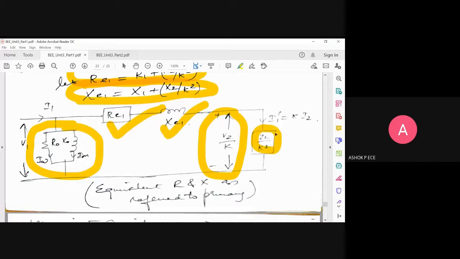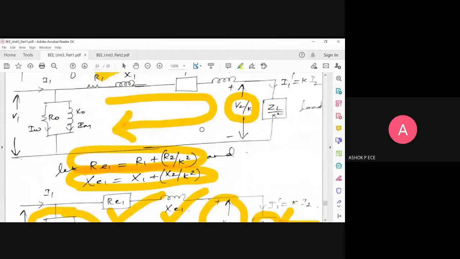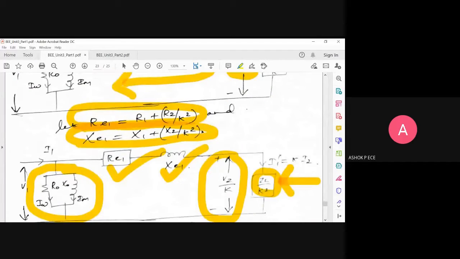So I cannot clearly add this ZL to RE1 or XE1, because RE1 is a pure resistance and XE1 is a pure inductor. If it were known that ZL is an inductor, I could add ZL with XE1. But since I cannot say what type of load I am going to have, ZL remains alone, while all the resistances I club into a single RE1 and all the inductors into a single XE1.